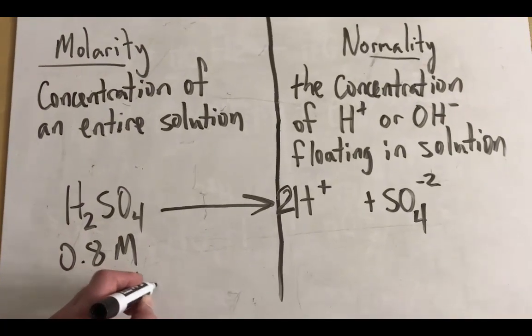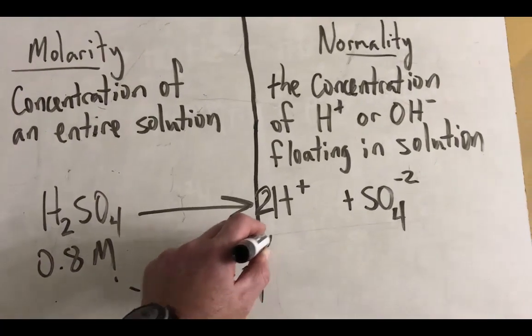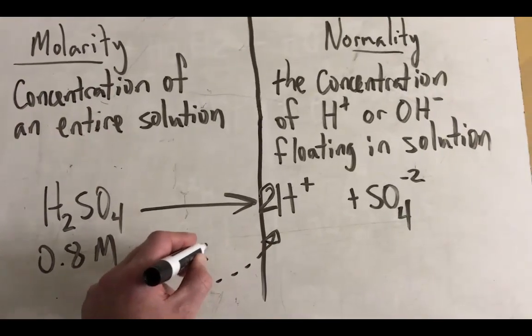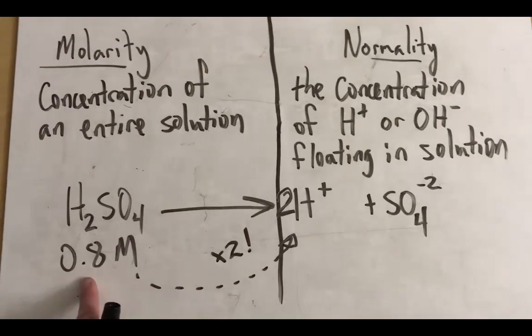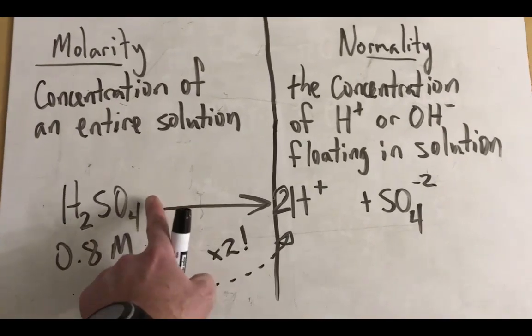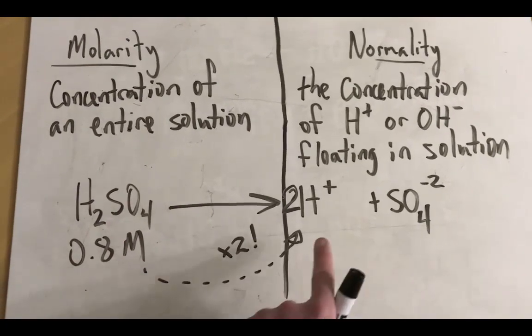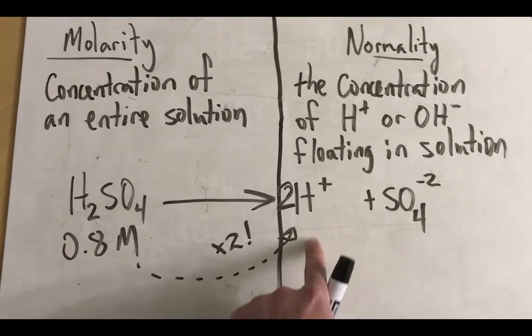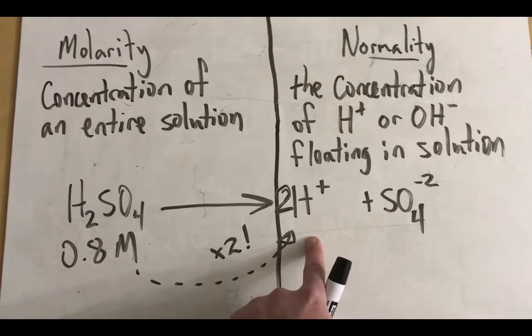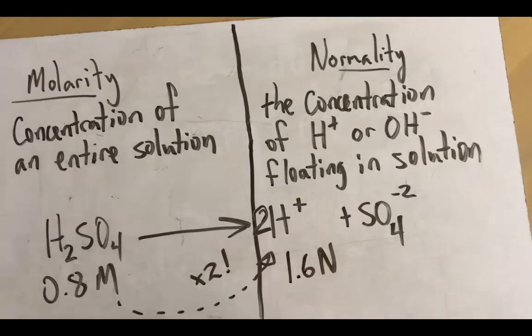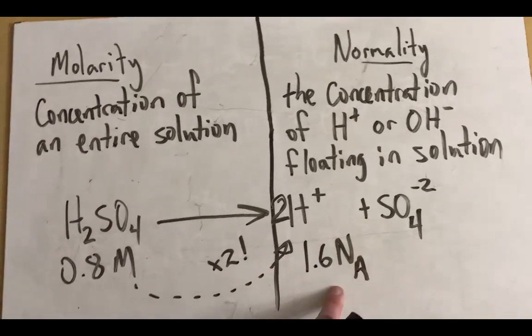So because there are twice as many hydrogen ions, I need to multiply this number by 2. I might have 0.8 molar sulfuric acid, but if I'm talking about the normality and I'm looking at these hydrogen ions, this number is going to be 1.6 normal for that acid, okay?